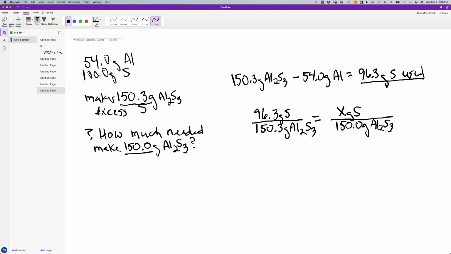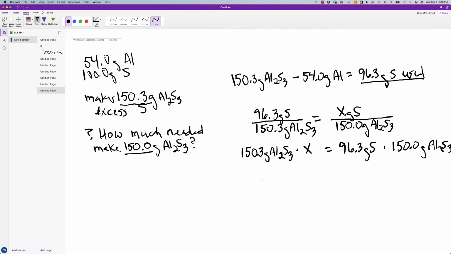Okay, same thing, cross multiply, 150.3 grams of aluminum sulfide times X number of sulfur equals 96.3 grams of sulfur times 150.0 grams of aluminum sulfide.